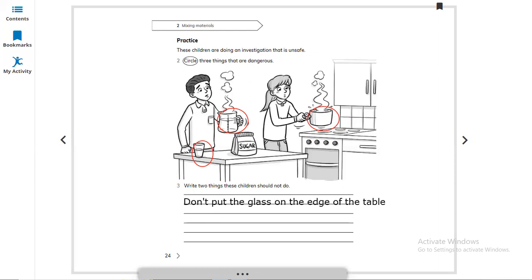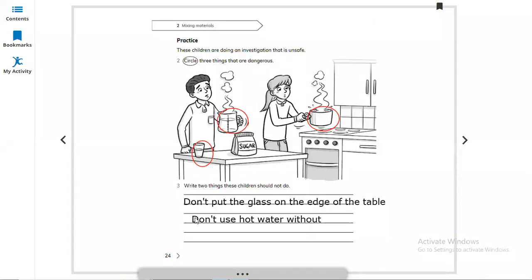Then you can catch, but without their help you don't touch the hot pot or hot glass or hot jug. So do not use hot water without any adult. So we need to write it down.